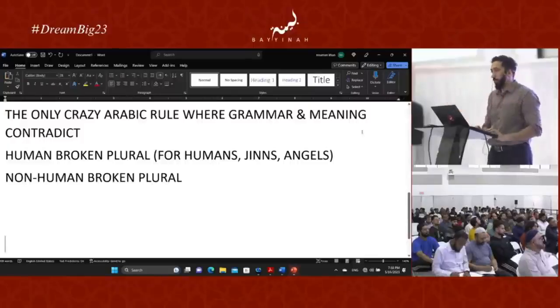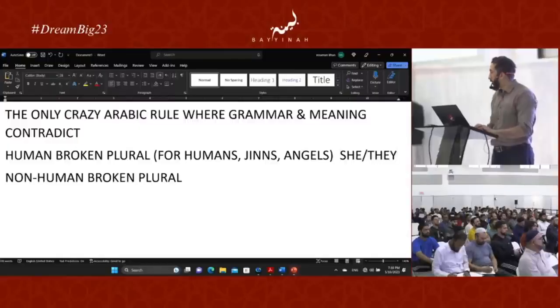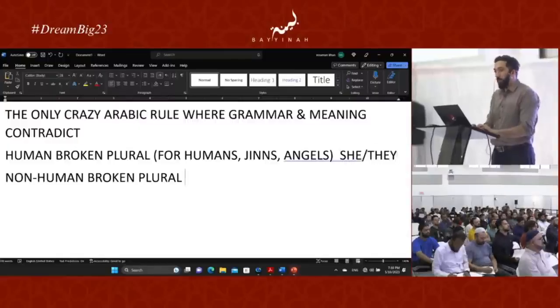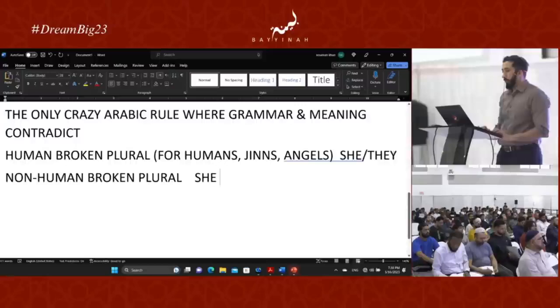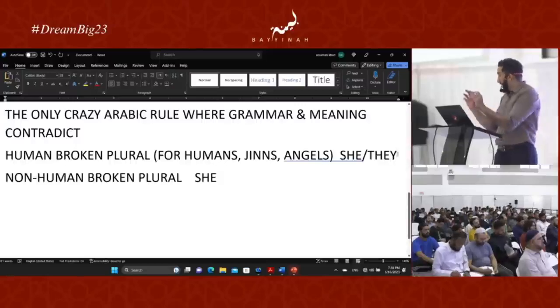So how do they contradict? If you see a human broken plural, you might see them talking about it as a she or a they. And if you see a non-human broken plural, they'll always talk about it as a she. In more technical language, she and they are shortcuts.